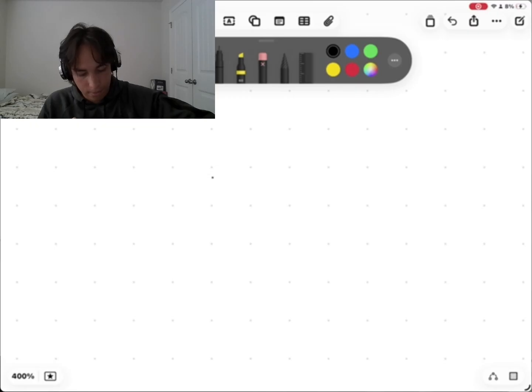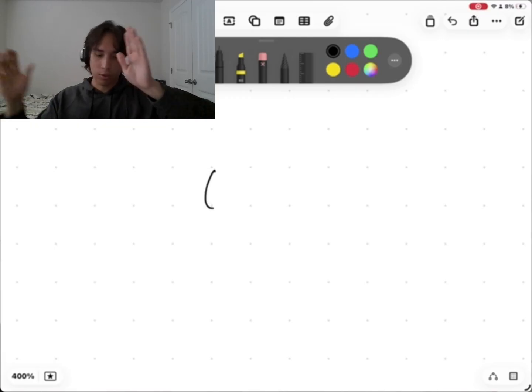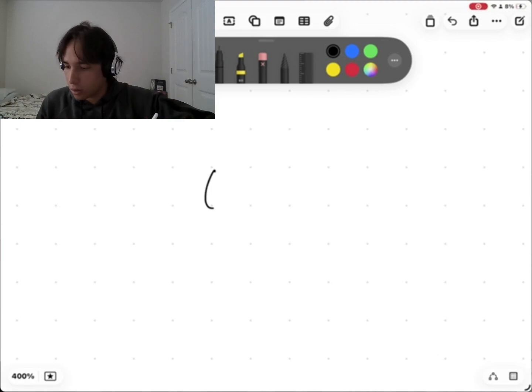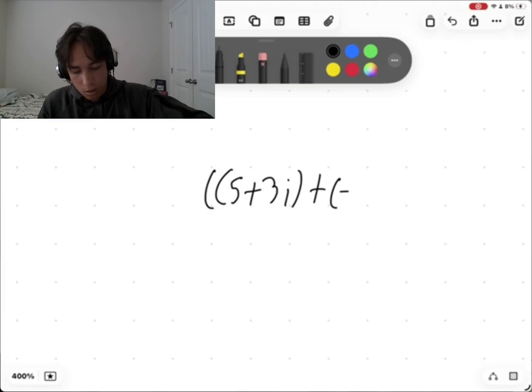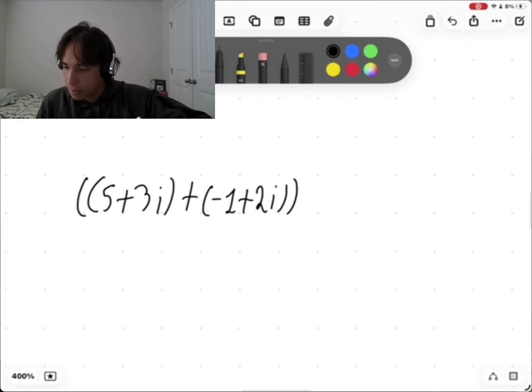Right. So now, since we're showing the associative law of addition, we're gonna move the parentheses over to the first two terms. So it's gonna be 5 plus 3i plus -1 plus 2i, plus 7 minus 5i.